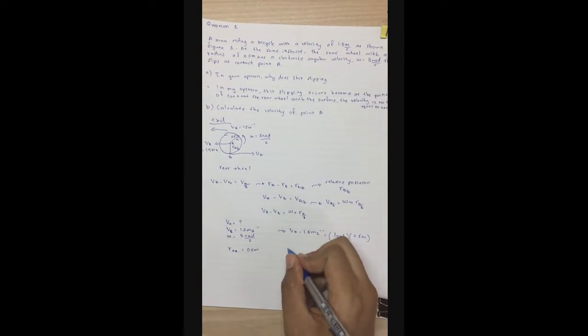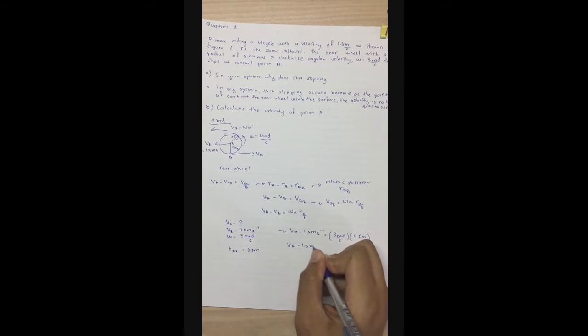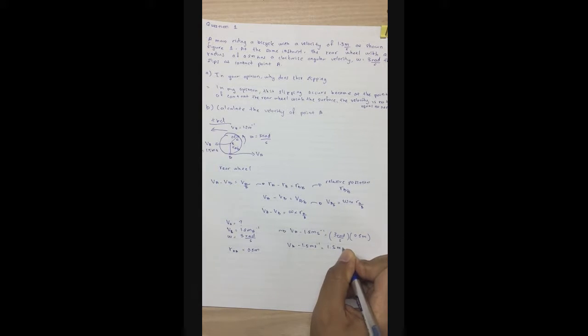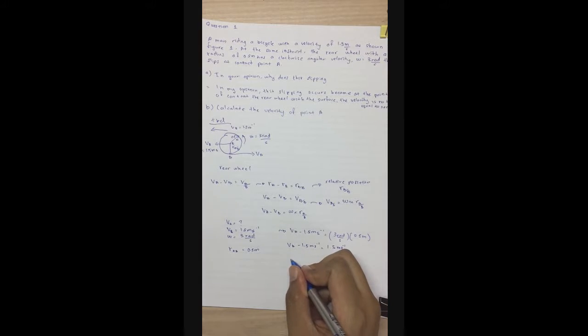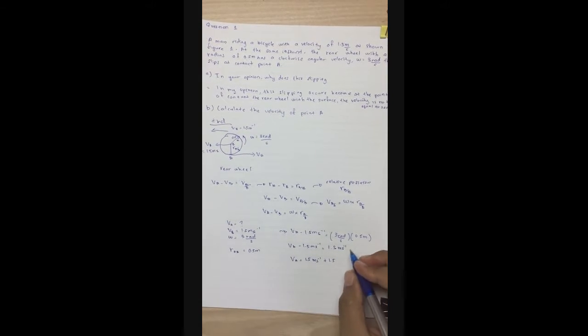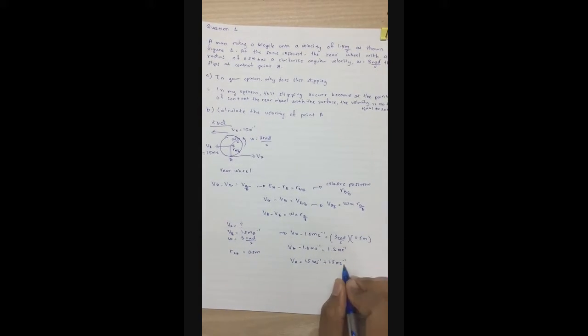And then VA minus 1.5 meters per second equals 1.5 meters per second. Then VA equals 1.5 meters per second plus 1.5 meters per second.